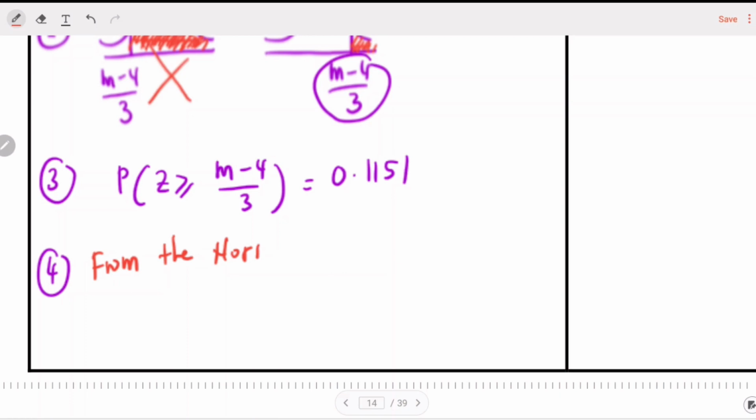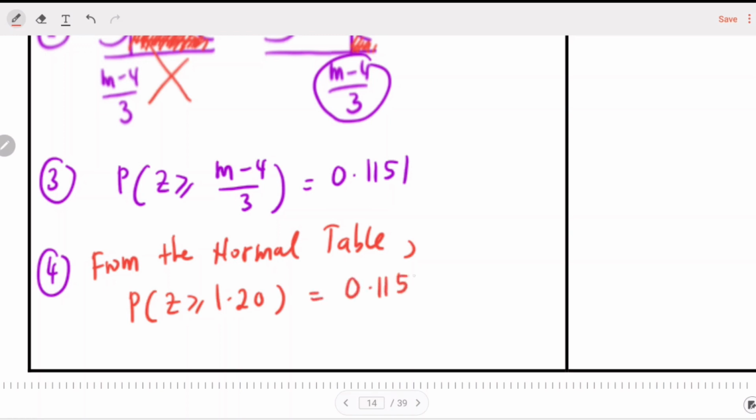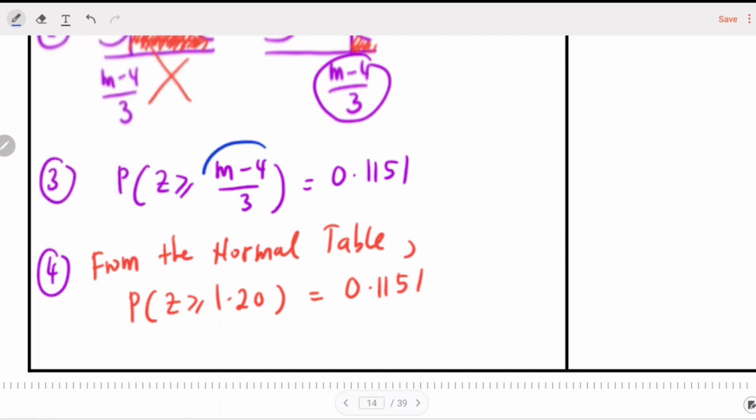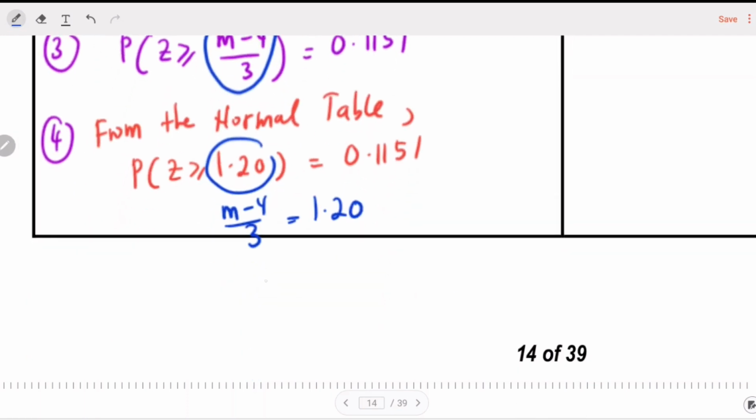From the standard normal table, we can see that Z greater than or equal to 1.20 will give us the probability of 0.1151. And then we compare: m minus 4 over 3 is equal to 1.20. Then rearrange until we get the value of m, which is 7.6.